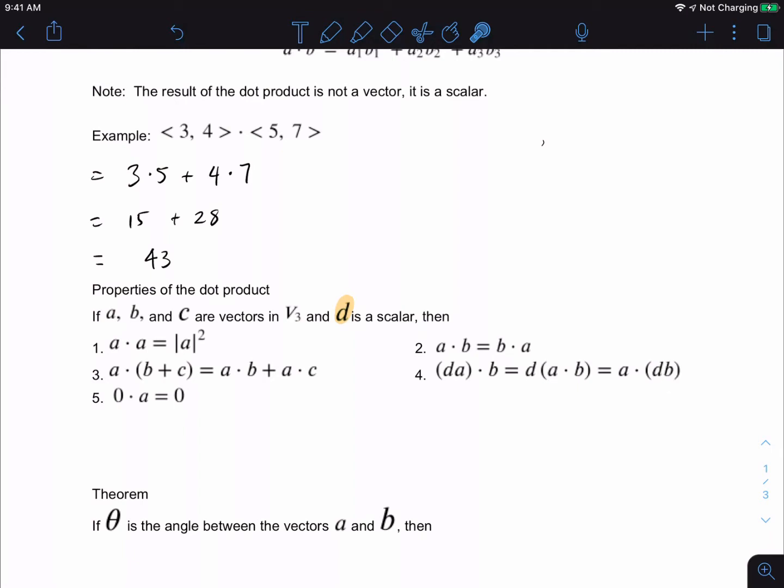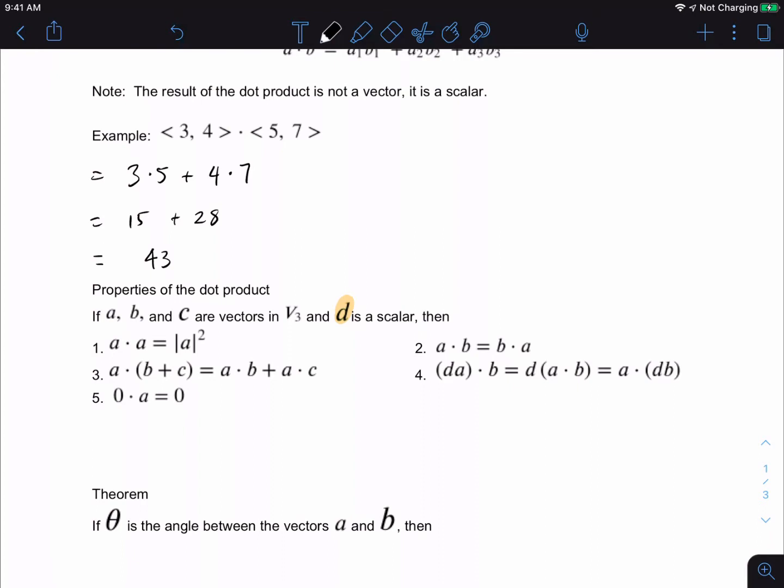So what it's saying basically, in essence, for number 4, is that the scalar can multiply with either one of the vectors before you do the dot product. And then the 5th point is that a 0 vector dotted with any vector is going to end up with a 0 vector. Okay?